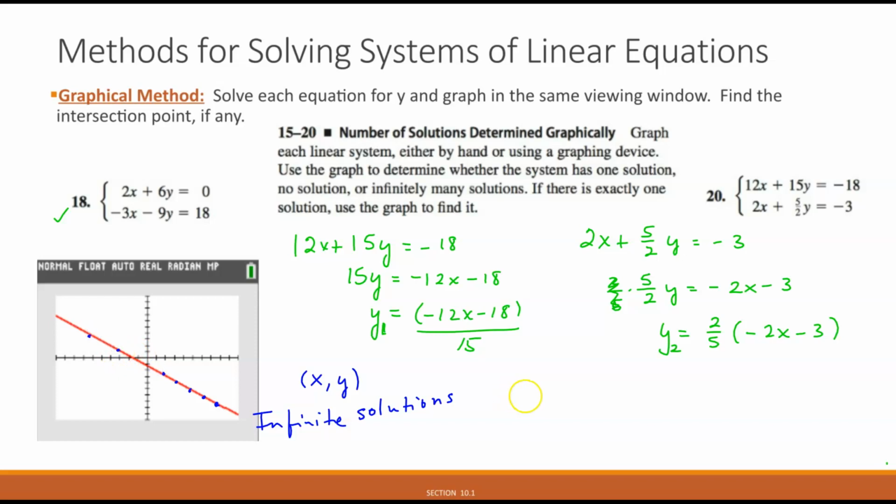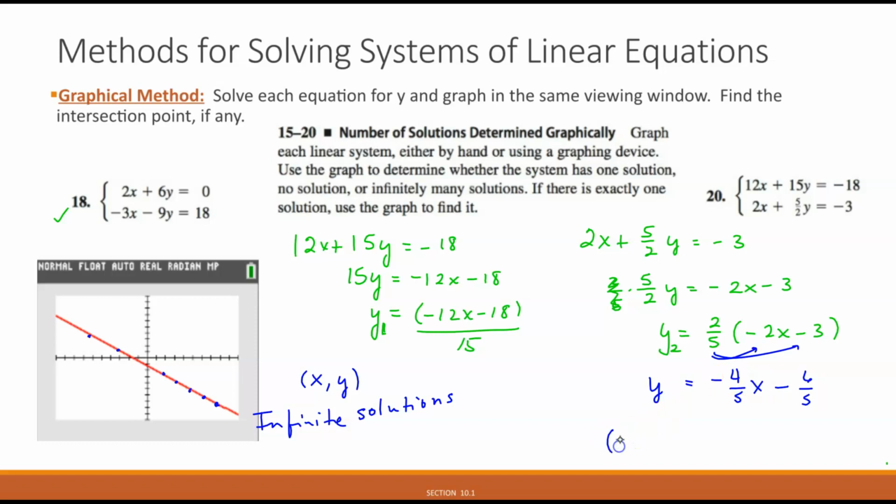Okay, so what we could do is look at either of these equations. Let's pick this one for example. This would be 2/5 times negative 2, which is negative 4/5 x. We would have 2/5 times negative 3, that's going to be negative 6/5. And what we have is a way to find y by plugging in certain x's.